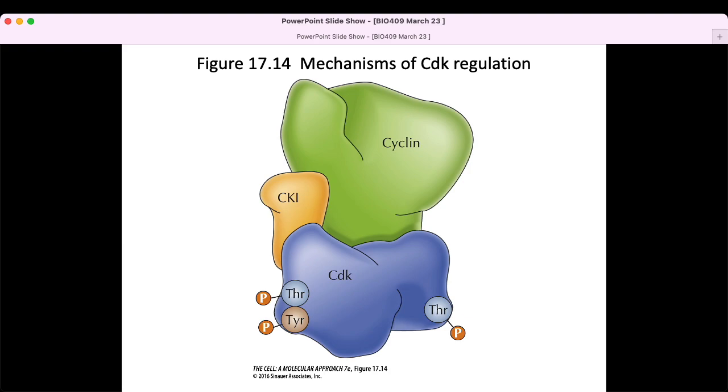And we'll learn about that in chapter 20, but it's really satisfying to know these proteins are referred to as tumor suppressors. Their normal function is an inhibition of the cell cycle, and so they could help suppress tumor growth.